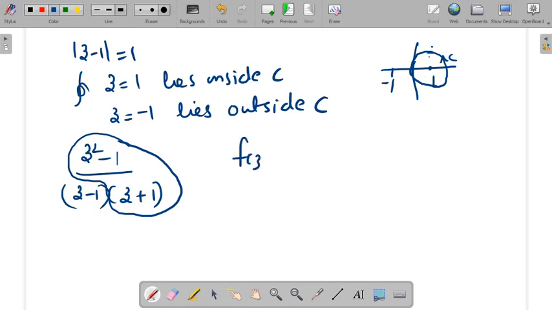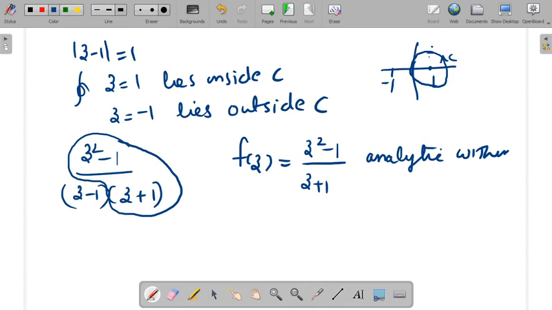So f of z is equal to z square plus 1 divided by z plus 1, and this is analytic within C. Right? ഇത് അനലിറ്റിക് അല്ലാത്ത ഒരു പോയിന്റേ ഉള്ളൂ, z equal to minus 1. ആ പോയിന്റ് സിയുടെ പുറത്താണ് കിടക്കുന്നത്. So this function is analytic within C.